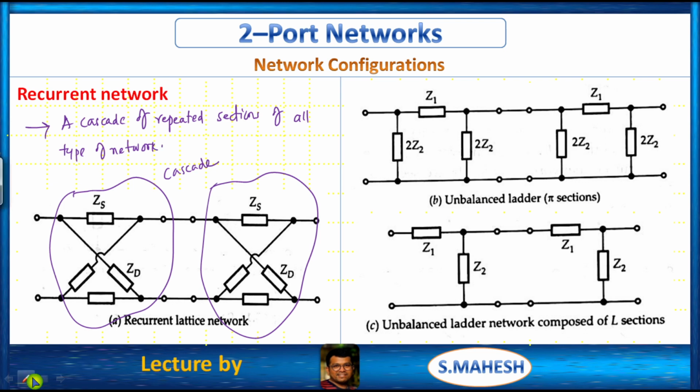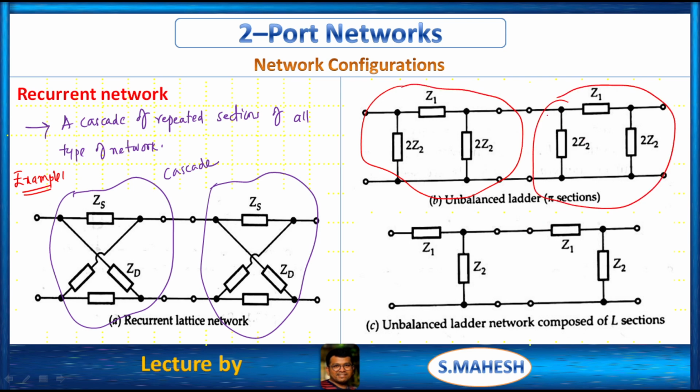For example, if we consider lattice network, we are connecting two lattice networks in cascaded manner. This is one example. Like that, we are connecting unbalanced ladder pi sections. This is one set of ladder network pi section. This is another set of pi section. Those two are connected in cascade manner, like that unbalanced L section, right? This is nothing but a recurrent network.